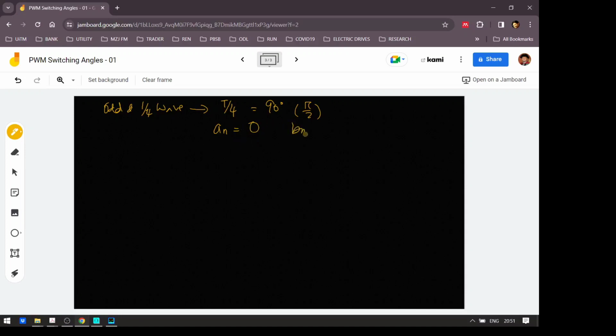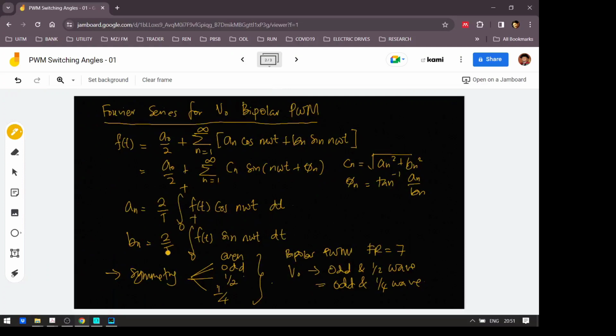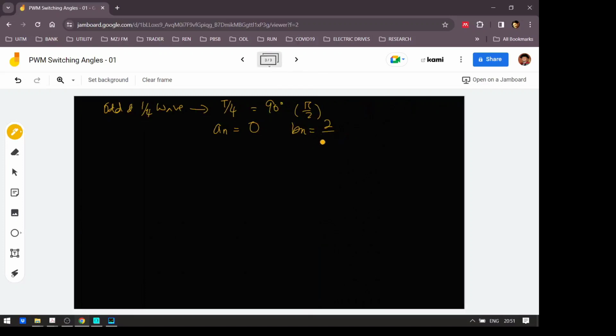And bn equals 2 over, now it will change. The general equation is bn equals 2 over T, but since this is quarter wave, then it becomes bn with T over 4.